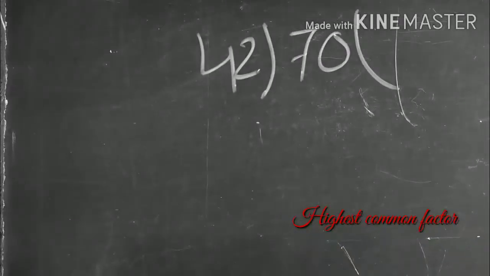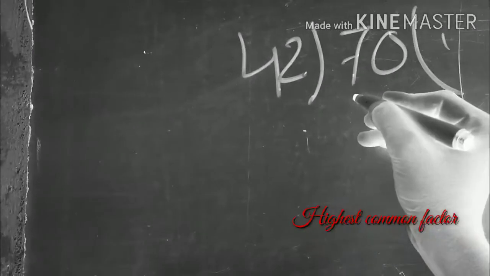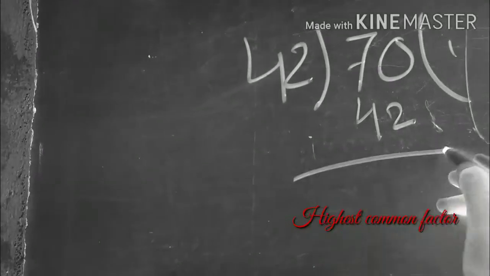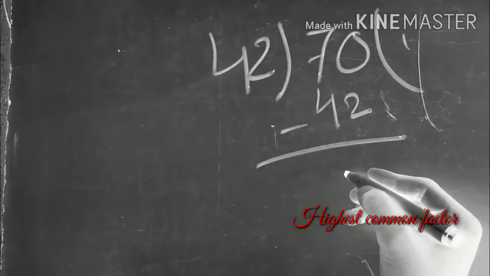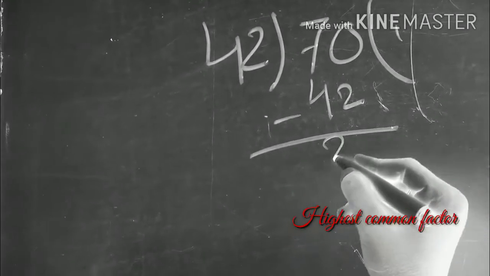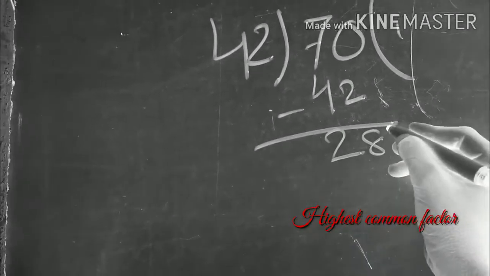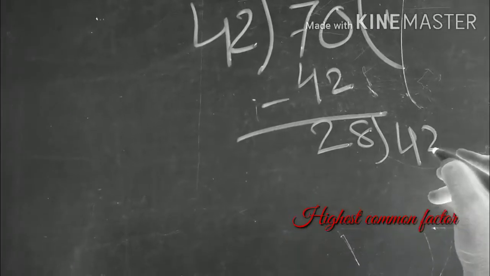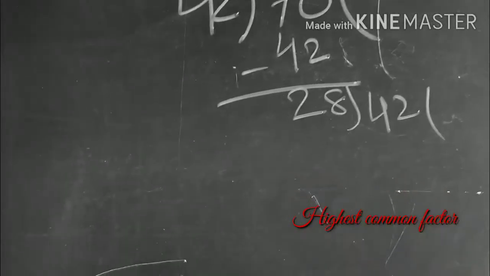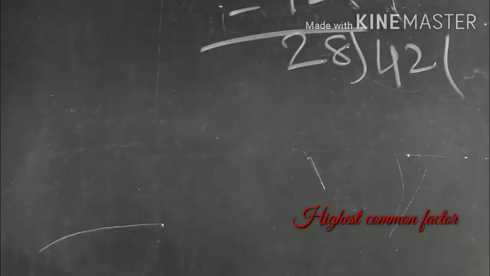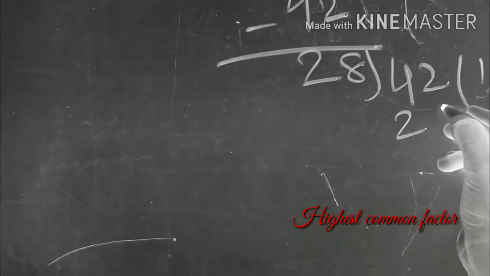42 divides 70, 1 time 42. After subtracting, how much? 28. This 42 will come here. How many times? 1 time 28.